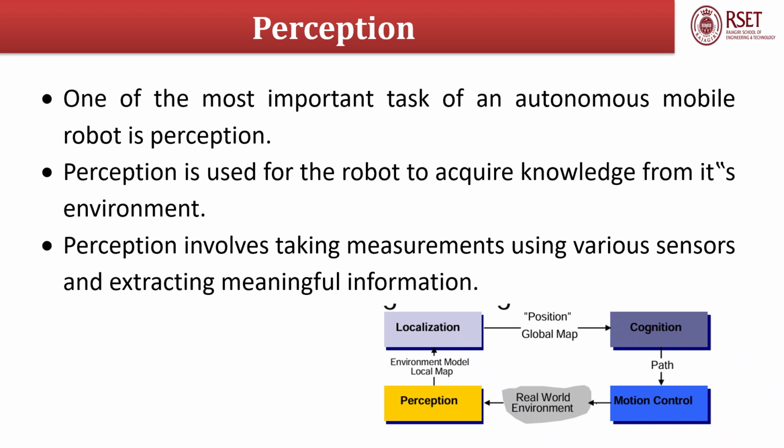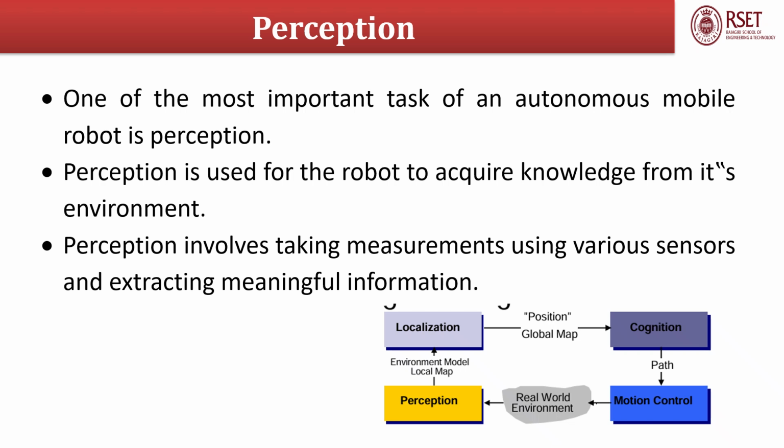Here it shows a block diagram of a typical mobile robot, where it has four different phases. One is localization, followed by perception, and the other two blocks are cognition and motion path control. The flow is such that from localization, where the position is determined, it is fed to the cognition block.